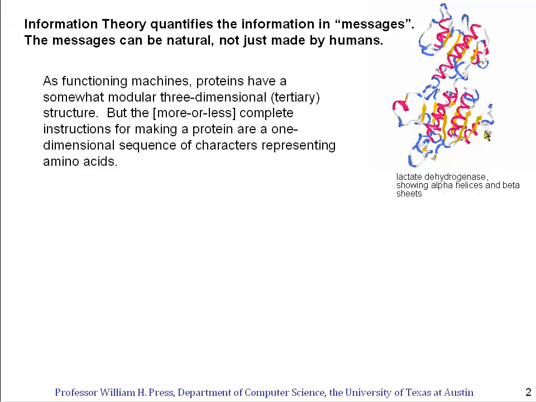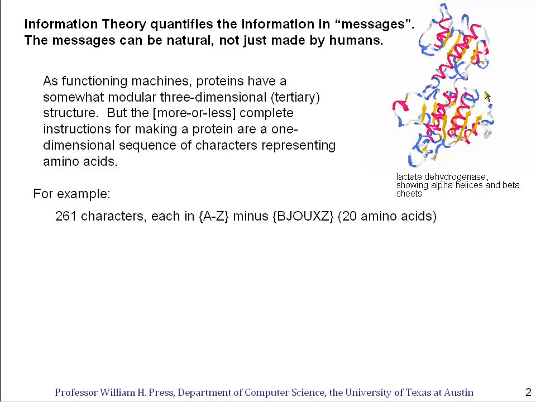Proteins are little three-dimensional machines when they're actually functioning in your body, but they're built out of a set of blueprints, a set of amino acids that are specified just by a one-dimensional sequence of characters representing the amino acids. It's kind of through the magic of biology that the protein figures out how to fold into its three-dimensional or tertiary conformation.